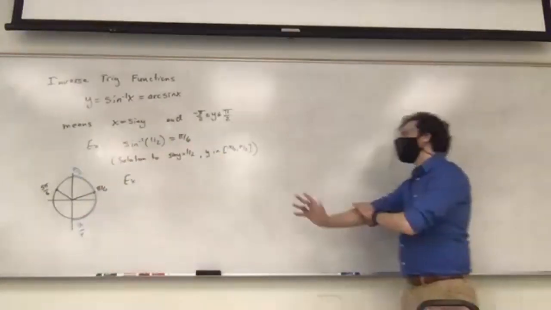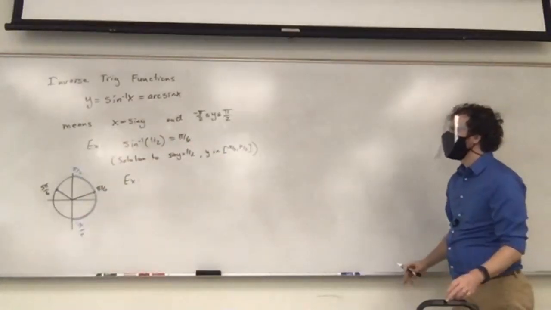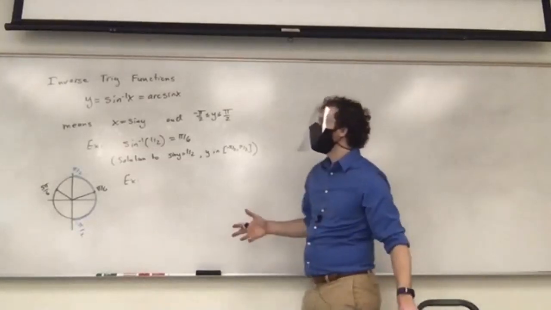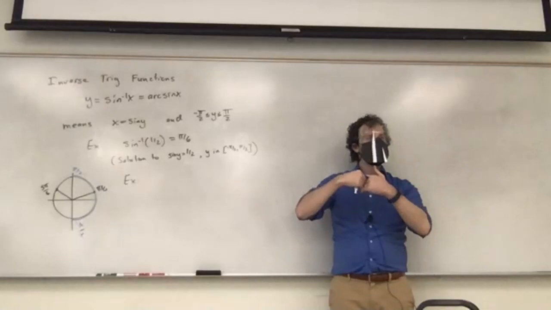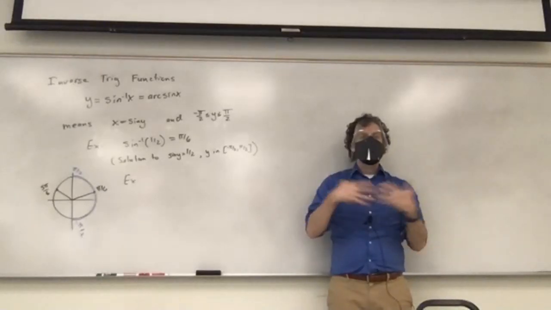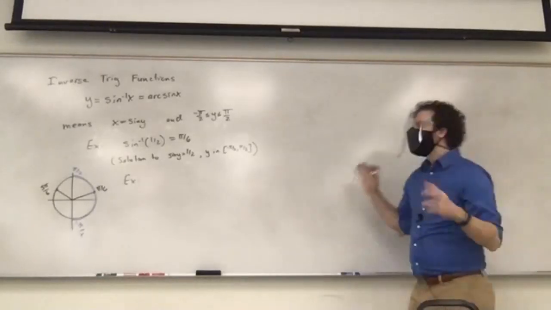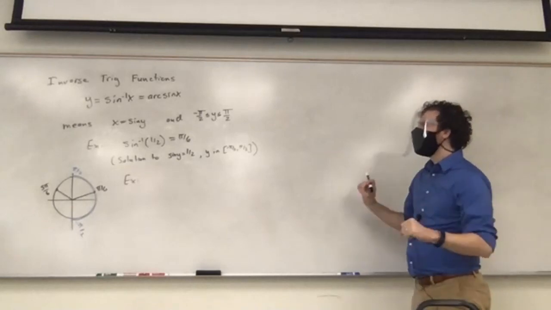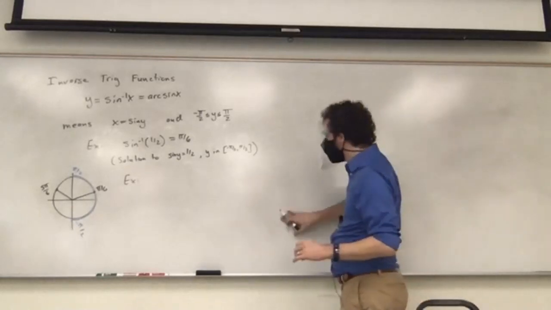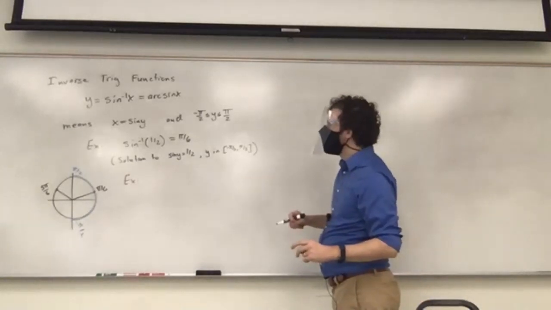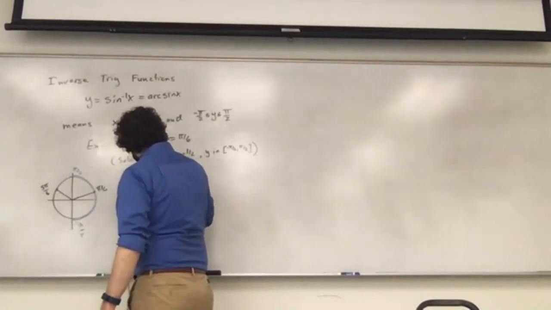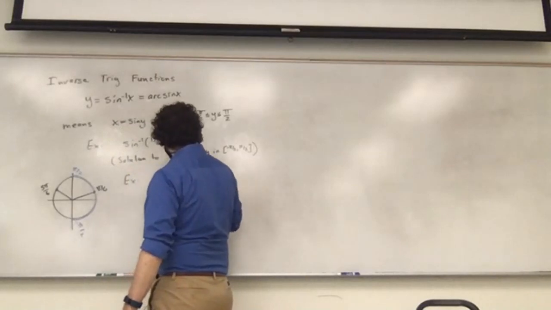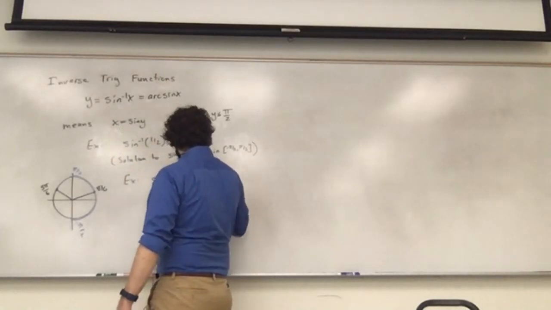Another weird thing with inverse trig functions is that often when you think about inverse functions, when you compose them, you put one inside the other, they cancel each other out. But that doesn't exactly work with inverse trig functions. So if we look at this number, sine inverse of sine of 3 pi over 2.